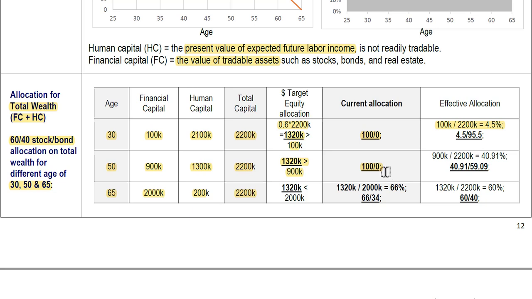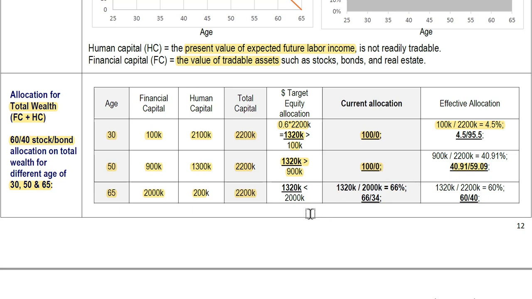This is the 60-40 approach, because in that case you're close to 60-40. It's 40.91 versus 59, still lagging behind 60 because you need 60% in equity. So fine, put 100% in stock.